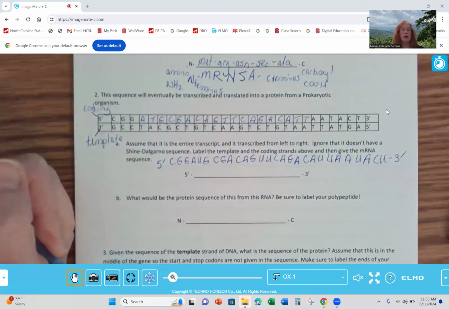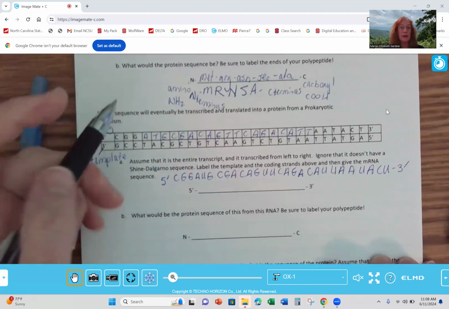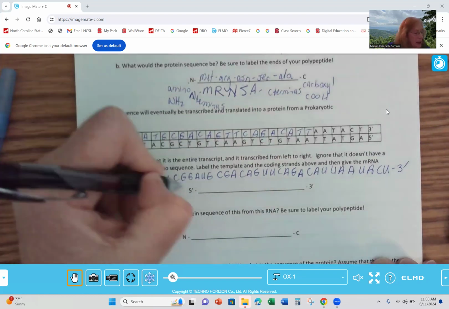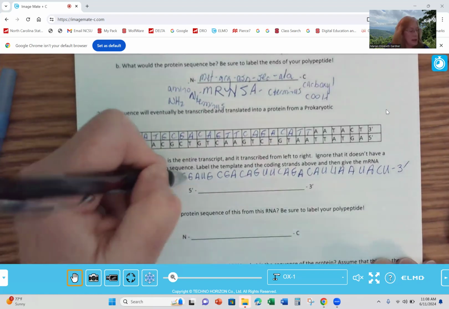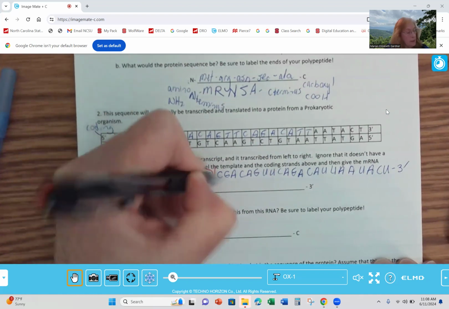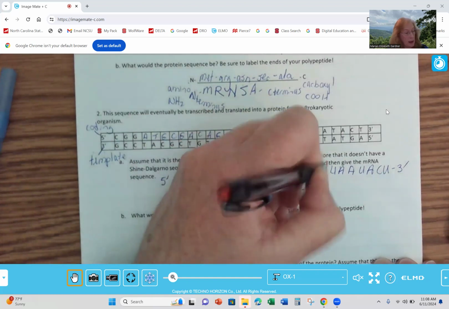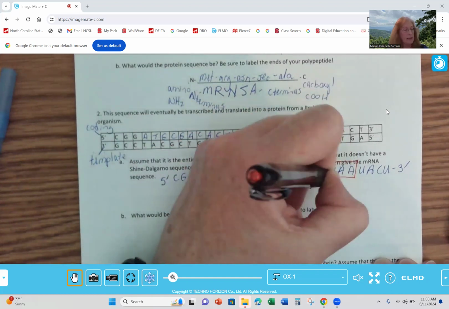So there's our messenger RNA. Now we need to translate that messenger RNA to get the protein sequence. Again, we start at the 5' end, go till we find a start codon, AUG, break it up in 3-letter codons, until we find a stop.